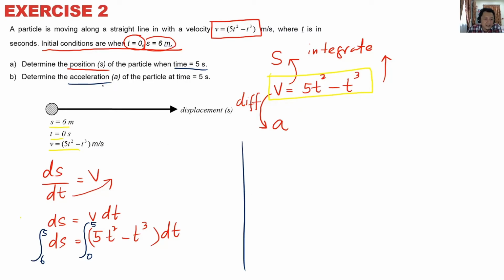And then acceleration. If you are going to acceleration, you need to differentiate. So you are going to get acceleration by differentiating them. So dv over dt.